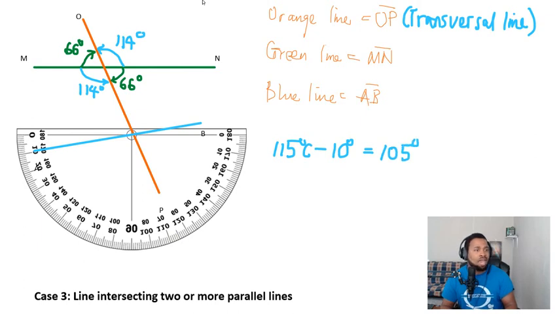And so the angle here from the blue line to the orange line is measured to be 105 degrees. And by default, this particular space right here from the orange line to the blue line is going to be, take note, because a full angle on a straight line is 180, we can go straight away by saying 180 degrees.